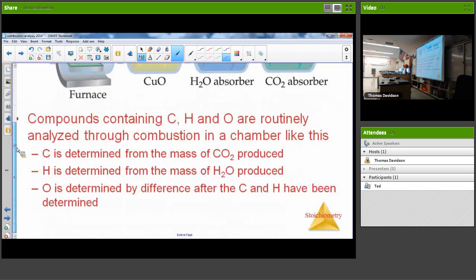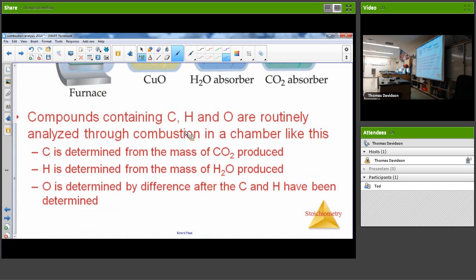Okay? So compounds containing C, H, and O are routinely analyzed through combustion in a chamber like this. The amount of C is determined from the mass of CO2 produced. I need you to get this part right here. The amount of CO2 that can be produced is dependent on how much C you have in the first place, correct?